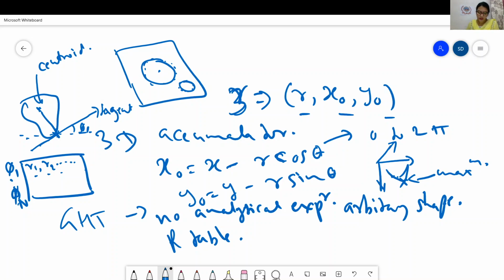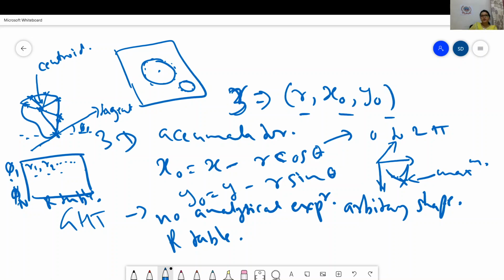So this is the way by which it can calculate, because if you want to determine this shape, you are calculating such kinds of distances with respect to each point. This is how you construct this particular table, the R table, in order to get the arbitrary shape.